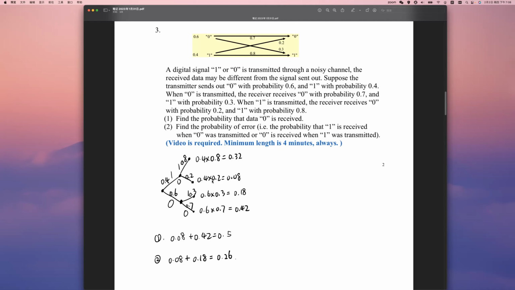Oh, sorry, it should be 0.4 times 0.2, which is 0.08. And the second case should be when transmitting 0, receiving 1. On this graph, we can see it should be 0.6 times 0.3, which equals 0.18. So in total, the probability of error should be the sum of these 2 cases, which is 0.08 plus 0.18, which equals 0.26.